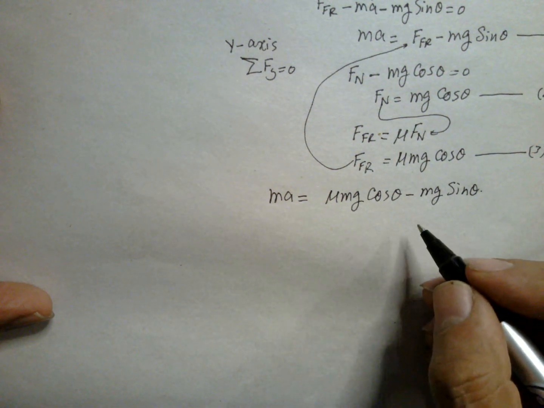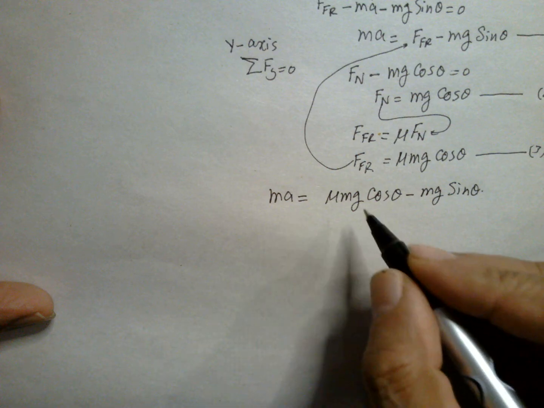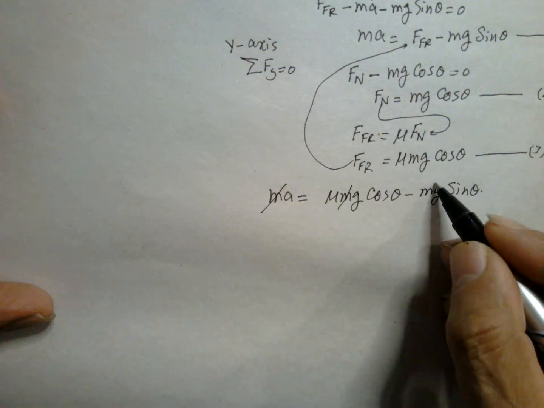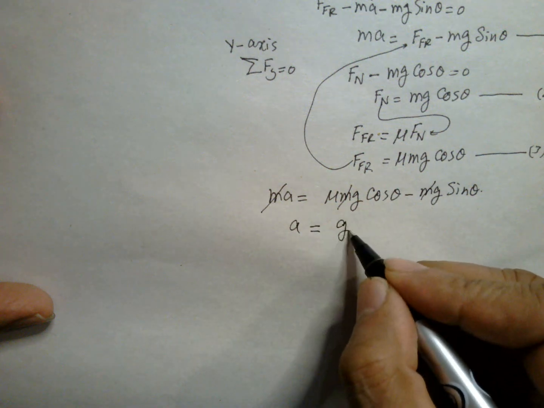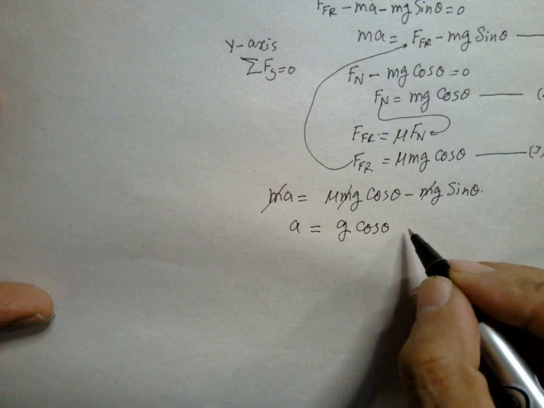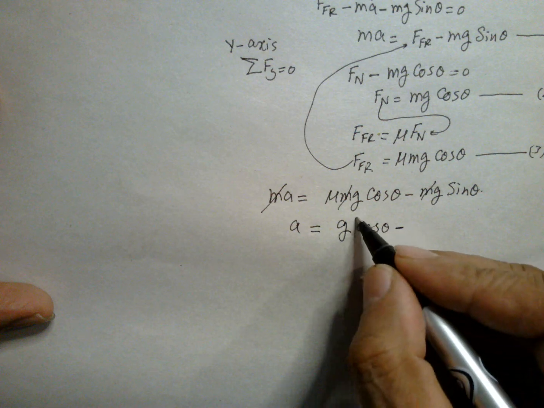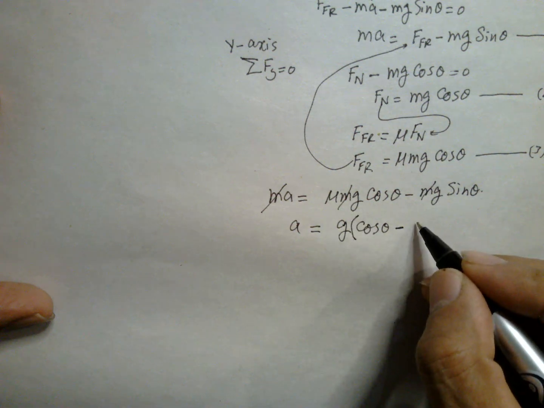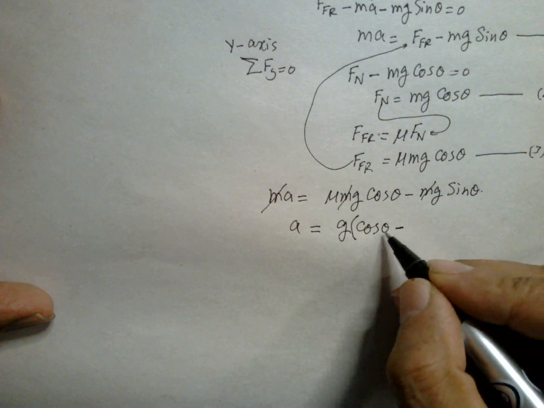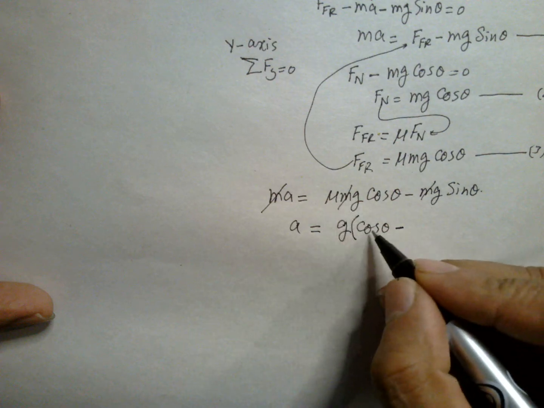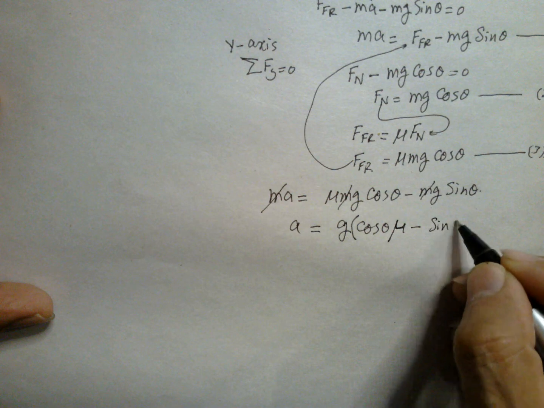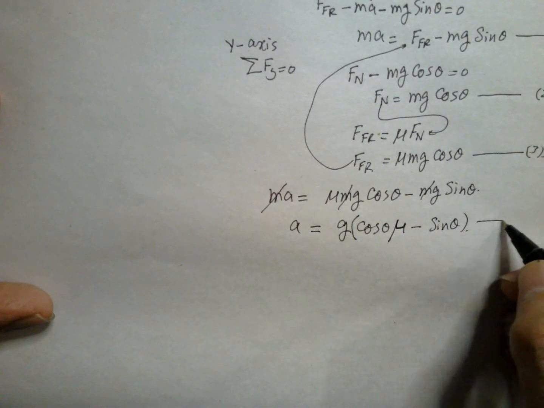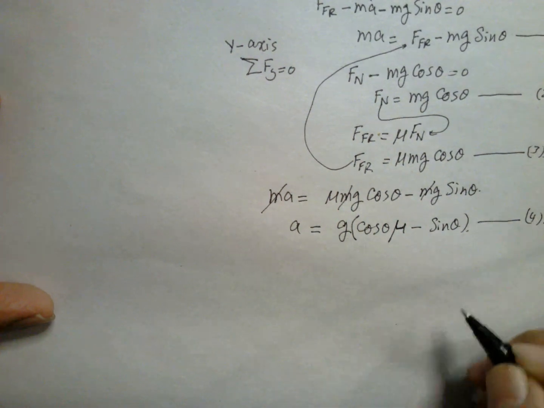From here we can see that m is cancelled throughout. So we have a equal to g cos of theta minus g is also common, into mu minus sine of theta. This is equation 4.